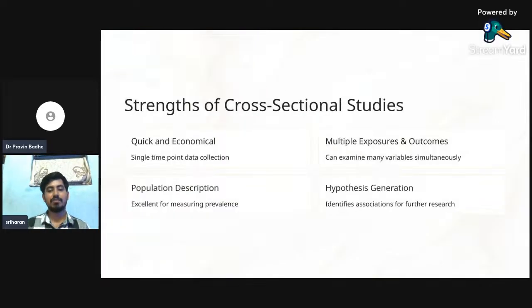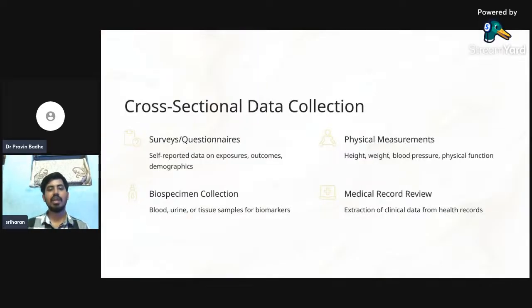The data collection forms should suit your study. For example, a survey means yes or no questions; the questionnaire covers past history or yes or no type. If you collect biospecimens, there should be a lab investigation section in the form. Physical measurement also takes place. The data collection should be applicable to all these things.